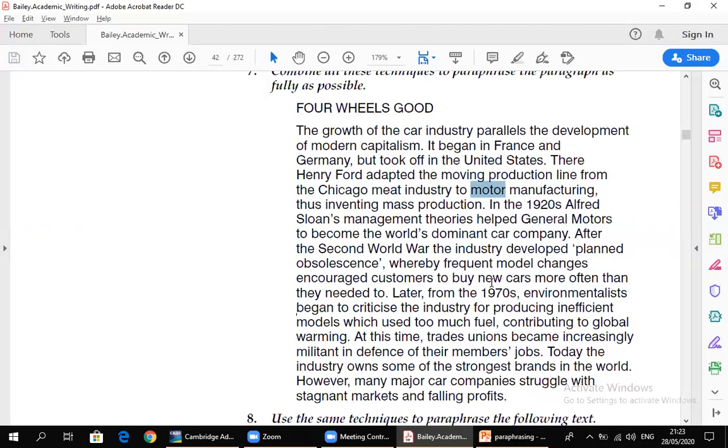What about changing manufacturing to the word industrialization of car, like motors? So Henry Ford shifted the business to industrialization of motors after he had been working in the meat industry. So now we applied change of words, change of word order, and word class.